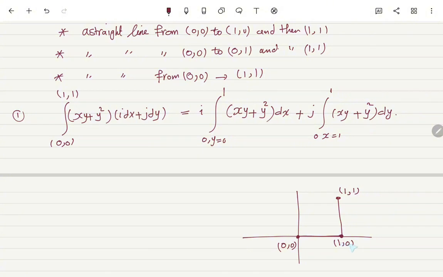The lower limit of the integral, y equals 0 and x equal to 1 to 1 in this case here along the y-axis.